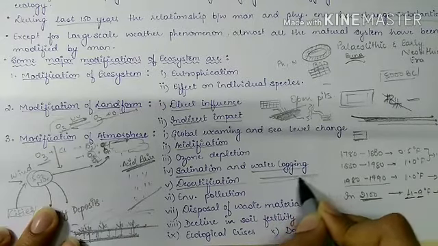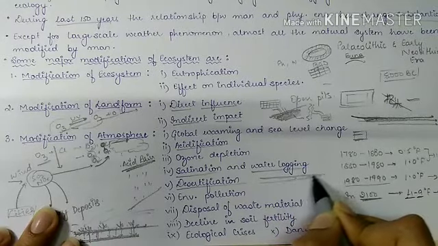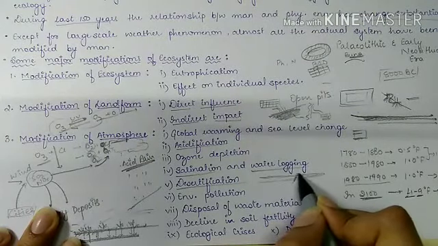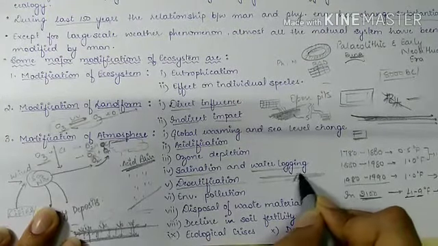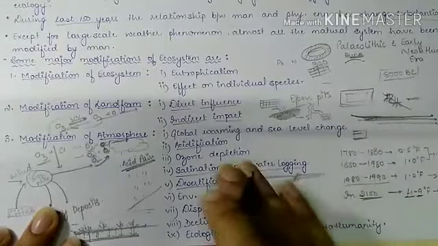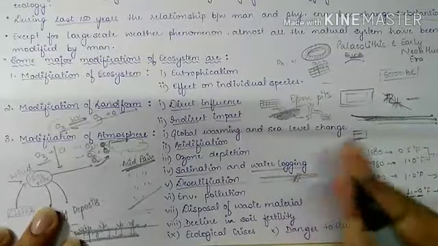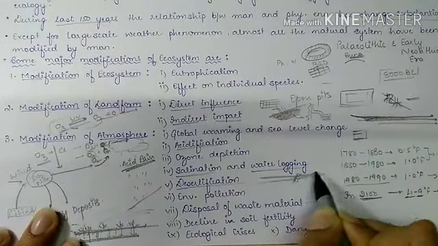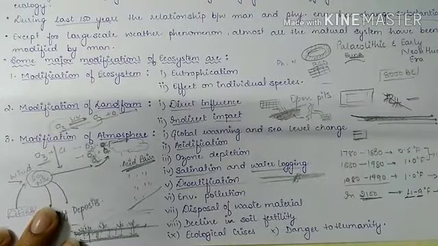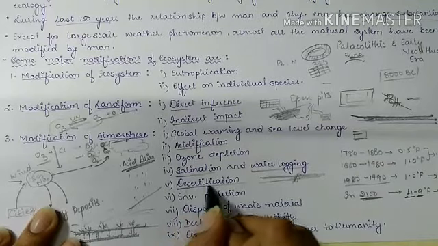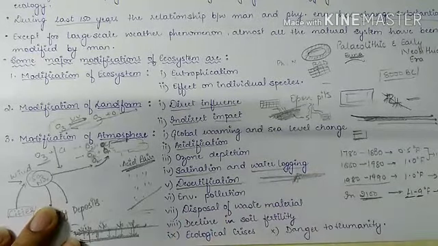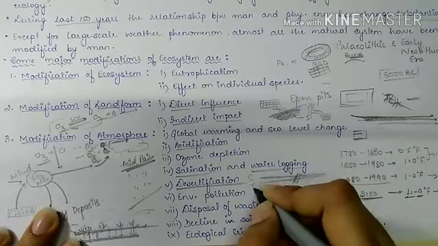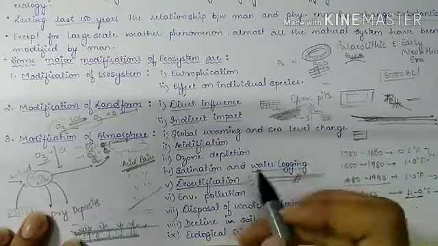Initially the limit was this much, but due to deforestation the plants are not able to stop the winds, and because of this the desert area is rising. This process is known as desertification. This problem can be seen in almost every desert, mainly the Sahara, the Thar desert, and the Kalahari desert.